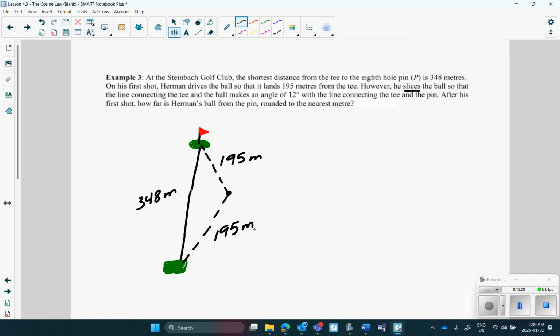I knew that was wrong. It also tells us the angle of the slice, 12 degrees. That's the angle formed between if I hit it straight towards the hole and where I slice my ball.